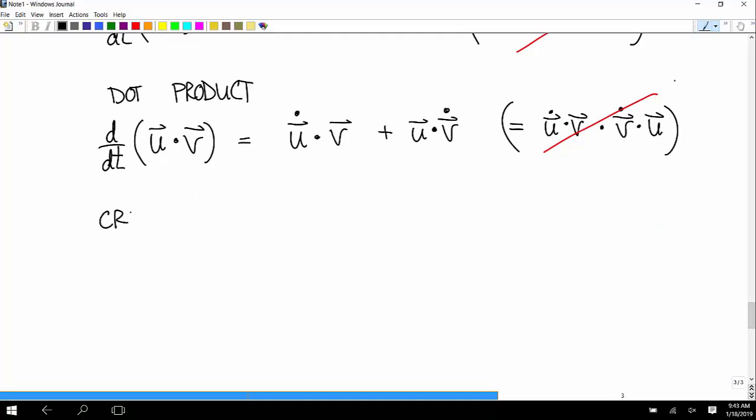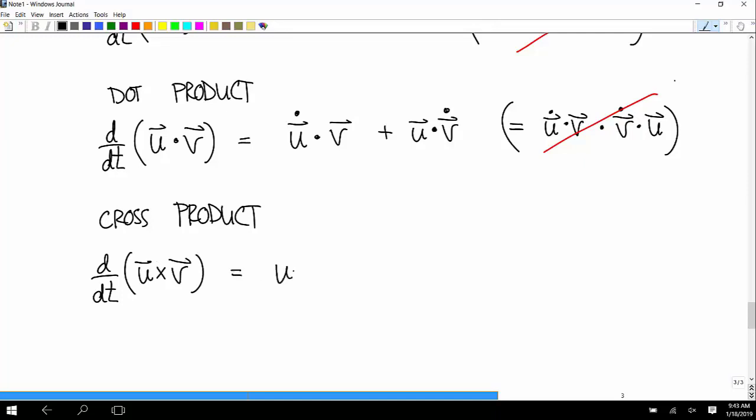And then cross product. So d dt of u crossed with v is exactly what you'd hope it would be: u dot crossed with v plus u crossed with v dot.